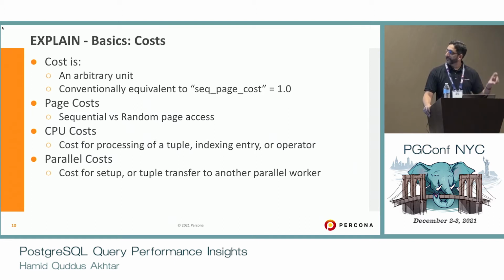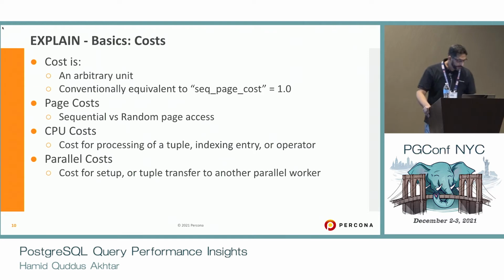So different kinds of costs will be incurred. By default, the cost for a sequential scan is set at 1. For random access, it's set at 4. However, that was for mechanical disks. Other disks will have different cost factors, and you can tune both of these and set different values to give them priority over the CPU cost that I'm going to discuss.